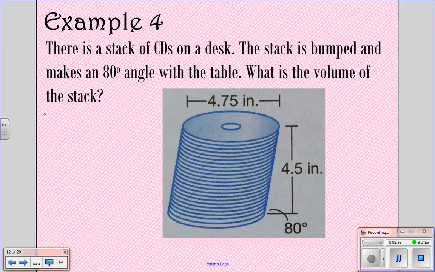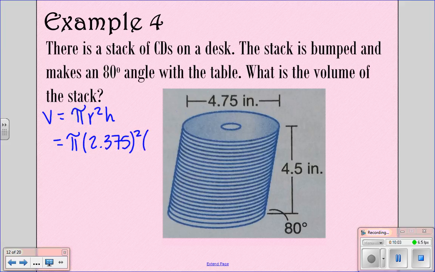So for the volume of a cylinder, we're going to do the area of the base, which is pi r squared, and then times the height. So pi, the radius on this one, well, they give us a diameter of 4.75. So the radius is half of that, which is 2.375.